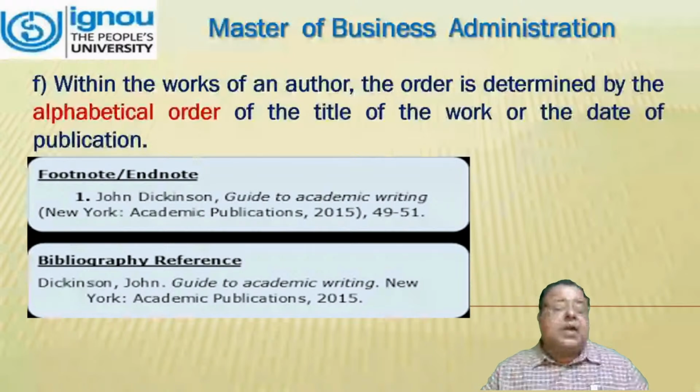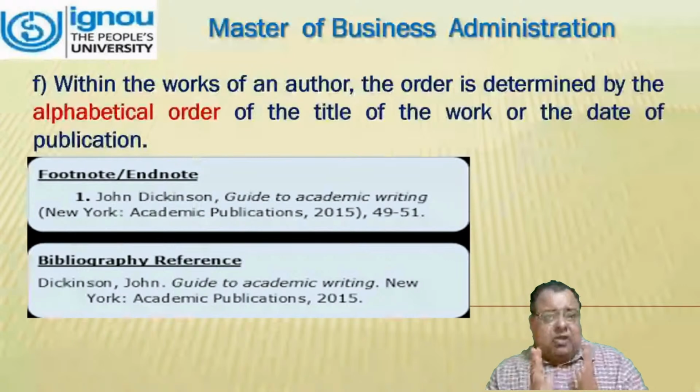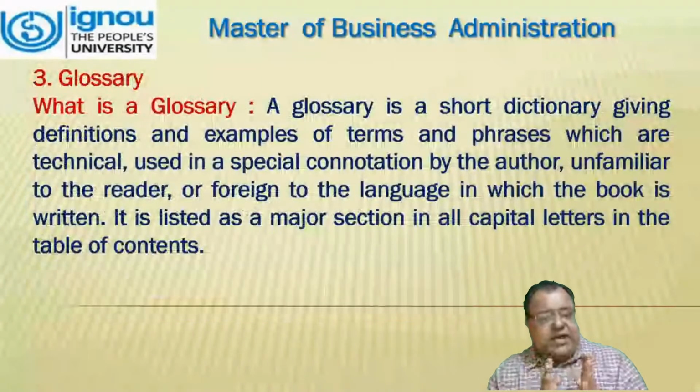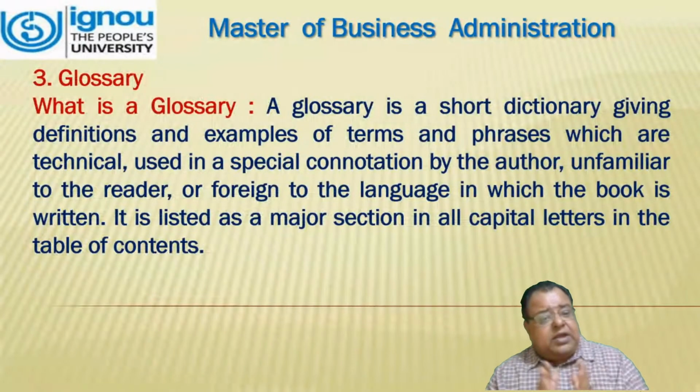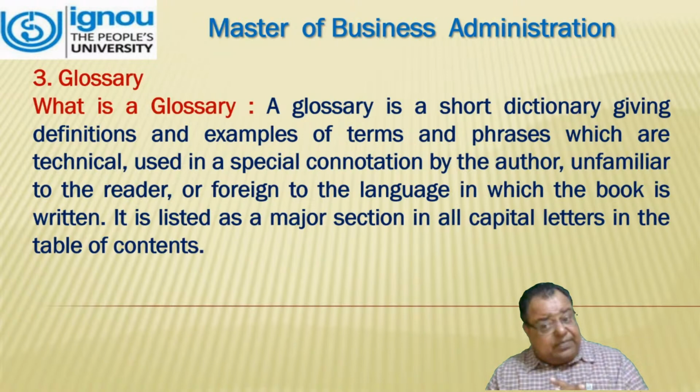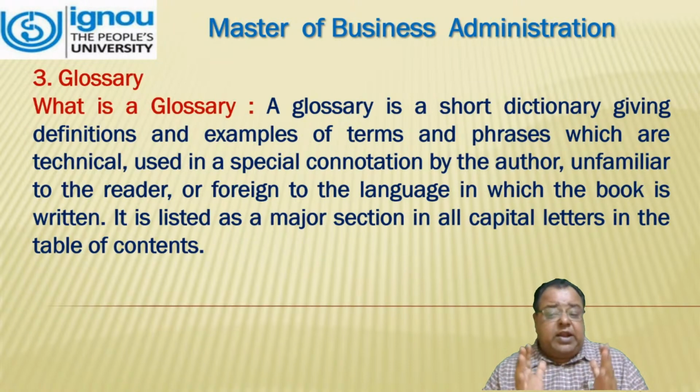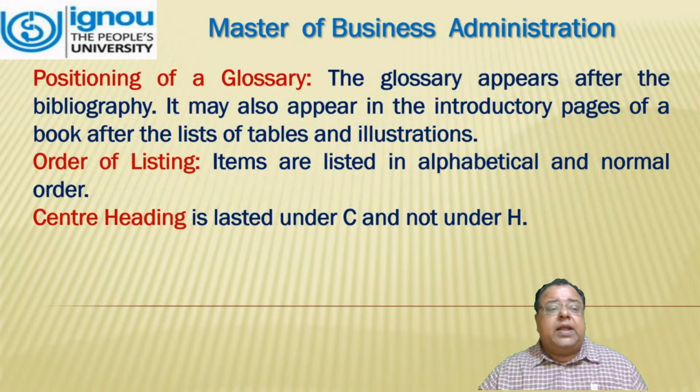Glossary. What is a glossary? A glossary is a short dictionary giving definitions and examples of terms and phrases which are technical, used in a special connotation by the author, unfamiliar to the reader, or foreign to the language in which the book is written. It is listed as a major section in all capital letters in the table of contents.